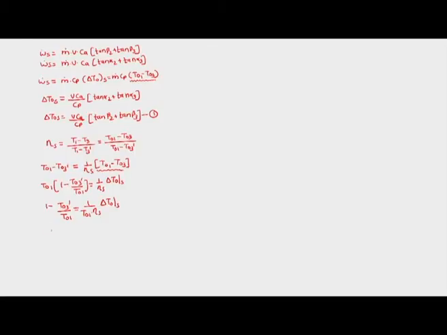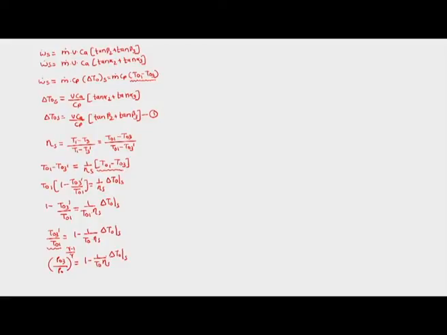So we have T03 dash upon T01 is equal to 1 minus 1 upon T01 into stage efficiency into delta T0 stage. But this is P03 upon P01 bracket raised to gamma minus 1 upon gamma, which is equal to 1 minus 1 upon T01 into stage efficiency into delta T0 stage.